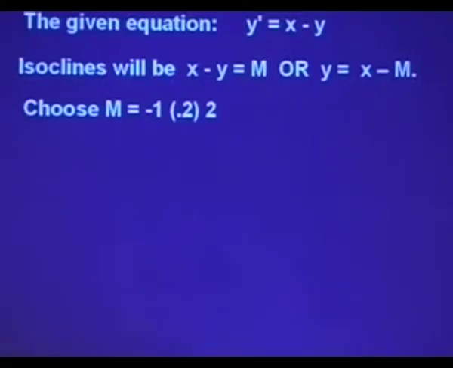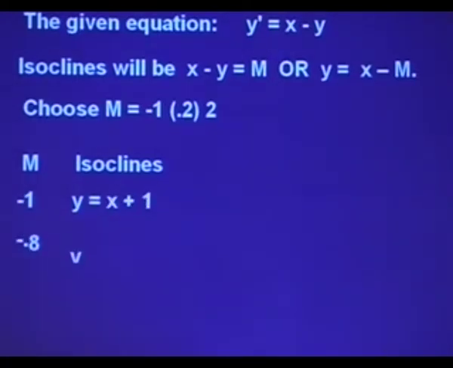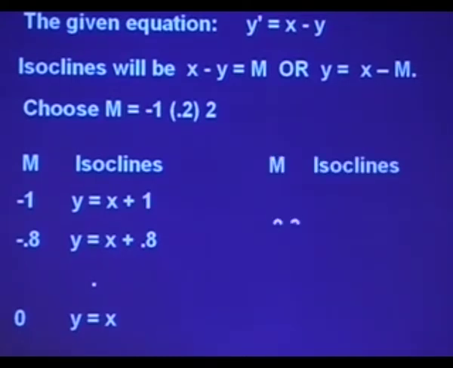So, what will be our lines? At m equal to -1 the isocline will be y is equal to x plus 1, at -0.8 the isocline will be x plus 0.8, and so on. At 0 it would be y is equal to x. Then at 0.2 it should be y is equal to x minus 0.2, you see that our isocline is x minus m.